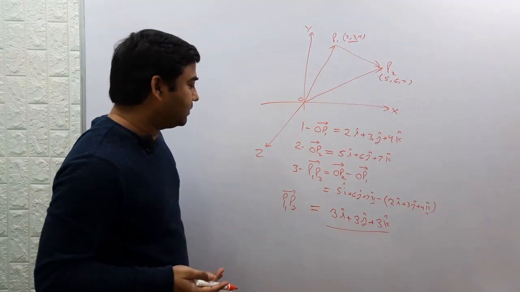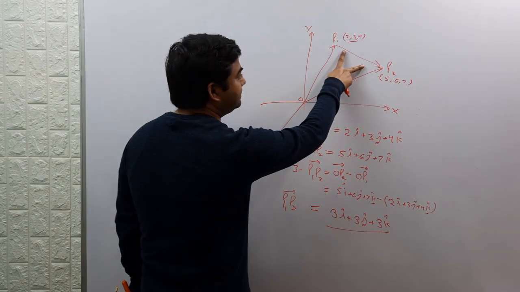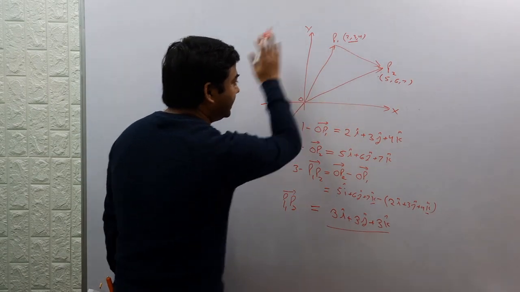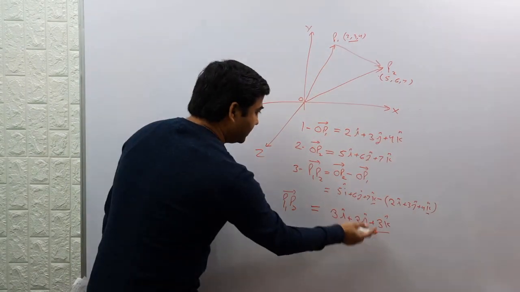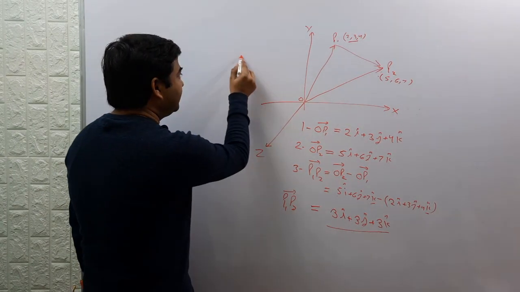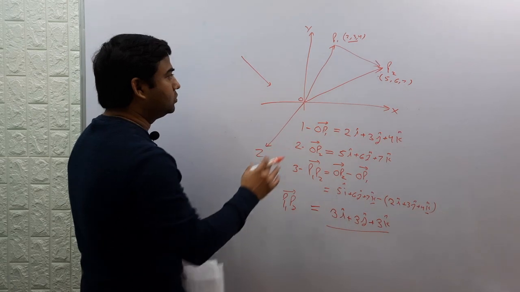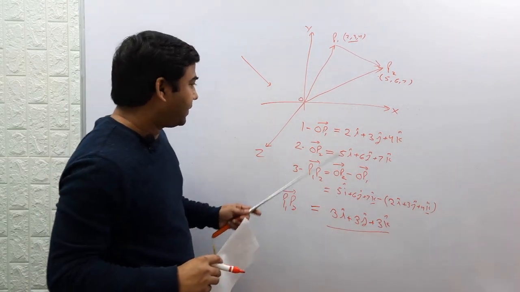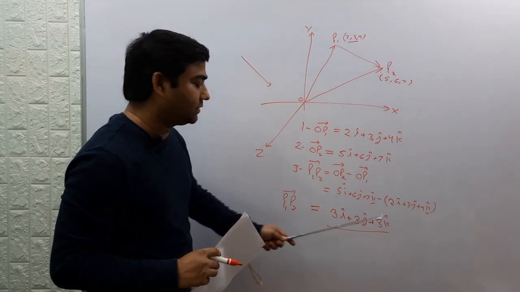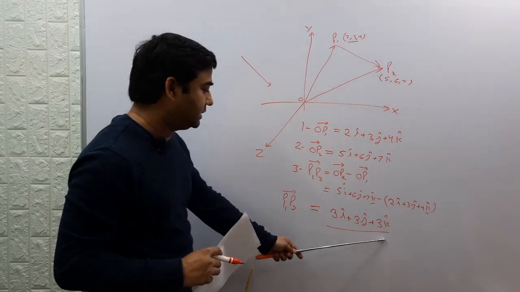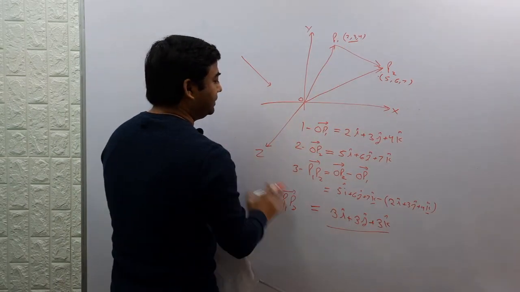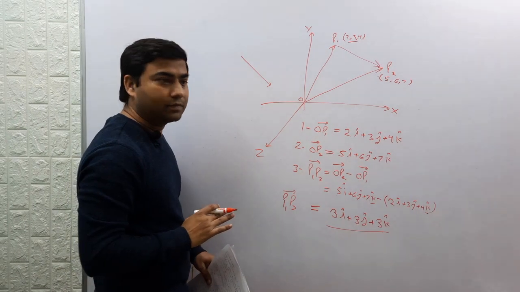Again I will remind you, even though this vector P1P2 seems to be here, it can be anywhere in this Cartesian coordinate system. It can be here also, because you can easily find combinations of points for which the resultant vector will be 3i, 3j, 3k. Such combinations of points will be infinite.